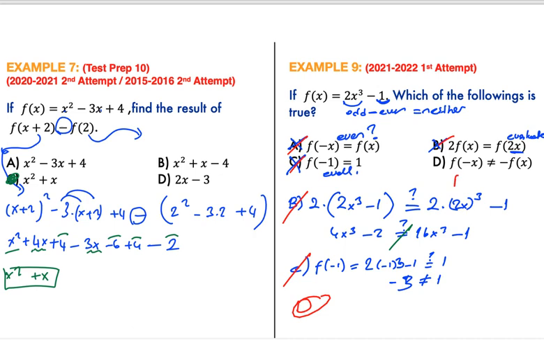So what if the question were f of minus x equals minus f of x, it would be an odd function, right? It would represent an odd function, but it says not equal to, so it means not odd. Isn't it true? We have a neither function, neither even nor odd, so that's true then. It's not odd.